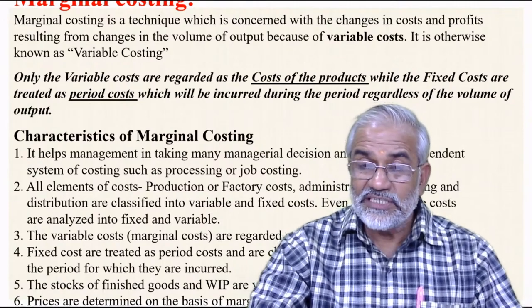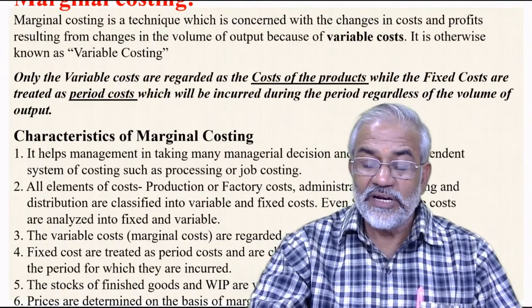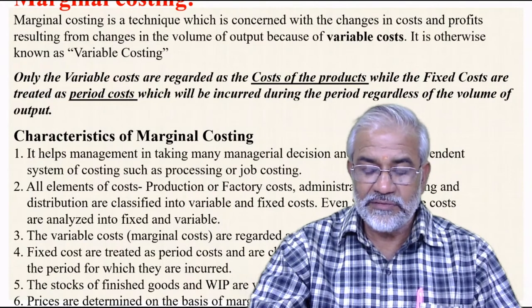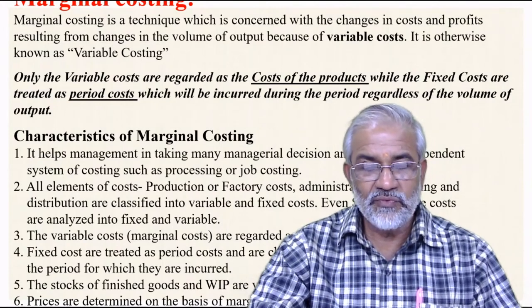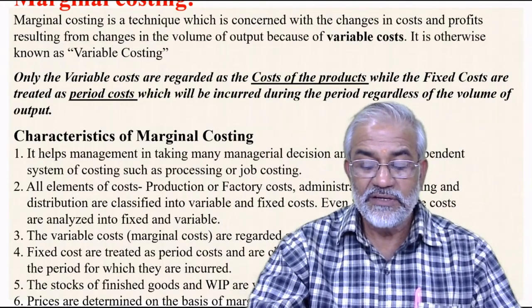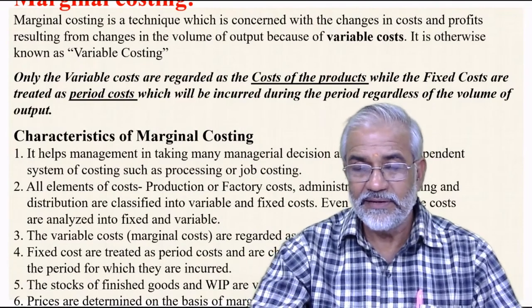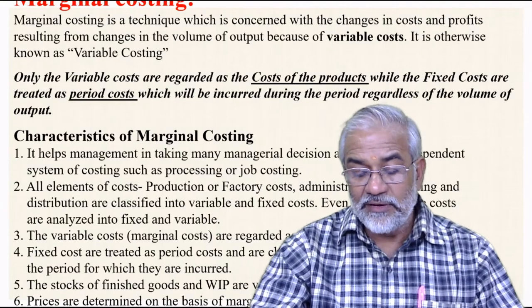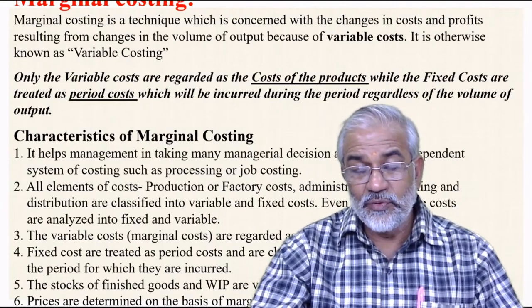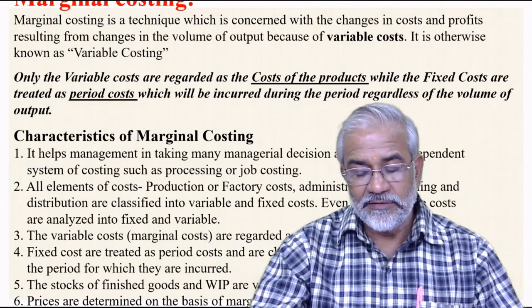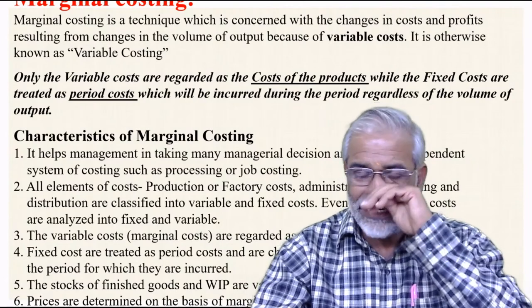The fixed cost is 100, and that is fully covered by the contribution from the 25 units when we attain break-even. And when we are selling 75 units, it gives us a profit of 200 rupees.